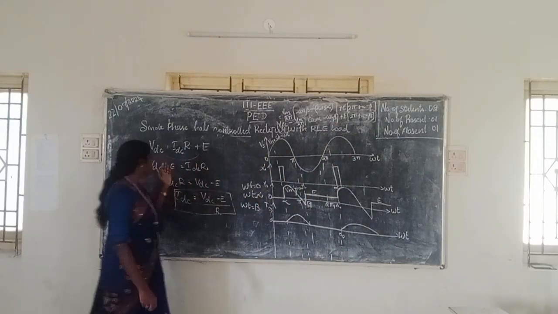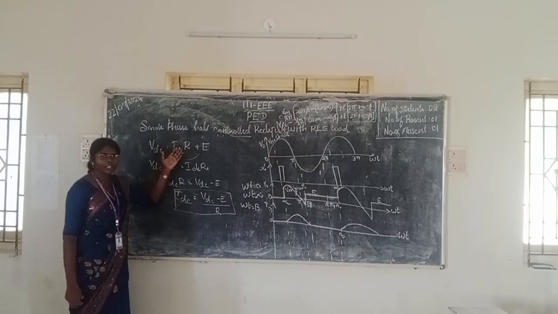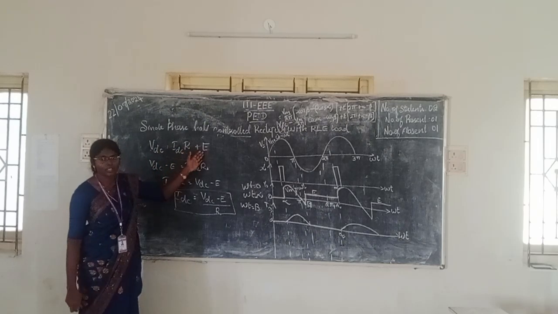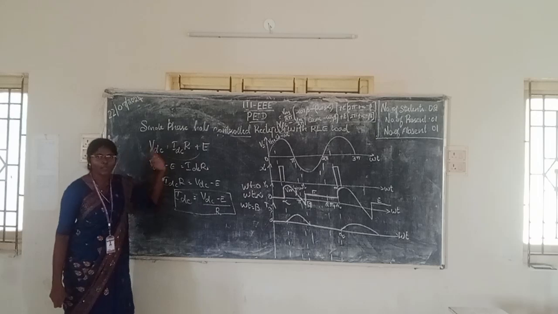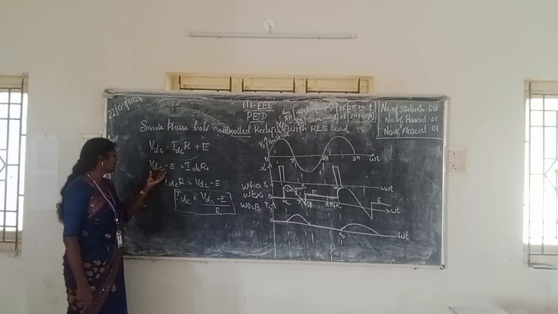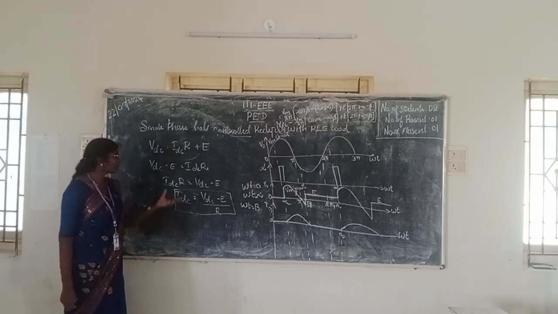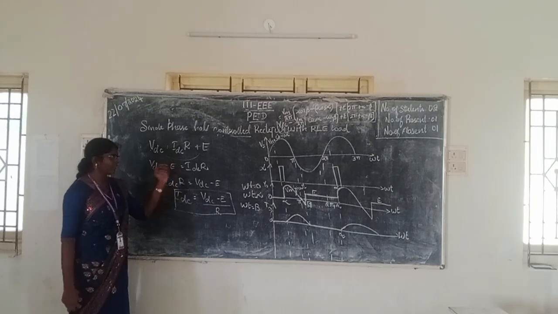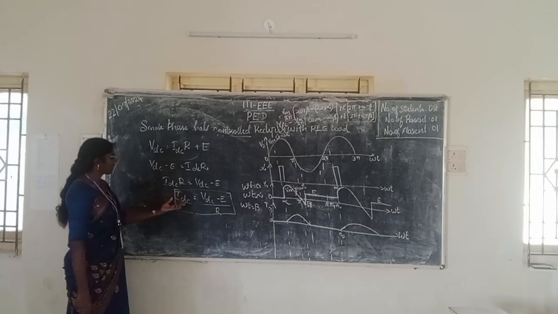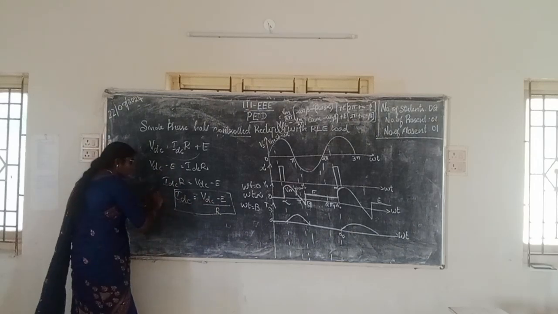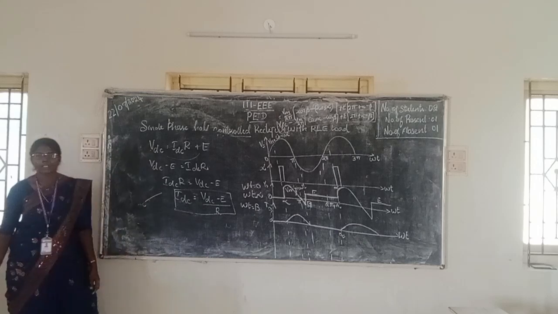And for current, we know that VDC is equal to IDC into R plus E, because one more battery source voltage is here, we have to add that also, plus E. So VDC minus E is equal to IDC into R. Next, IDC is equal to VDC minus E by R. This is the average DC output current.